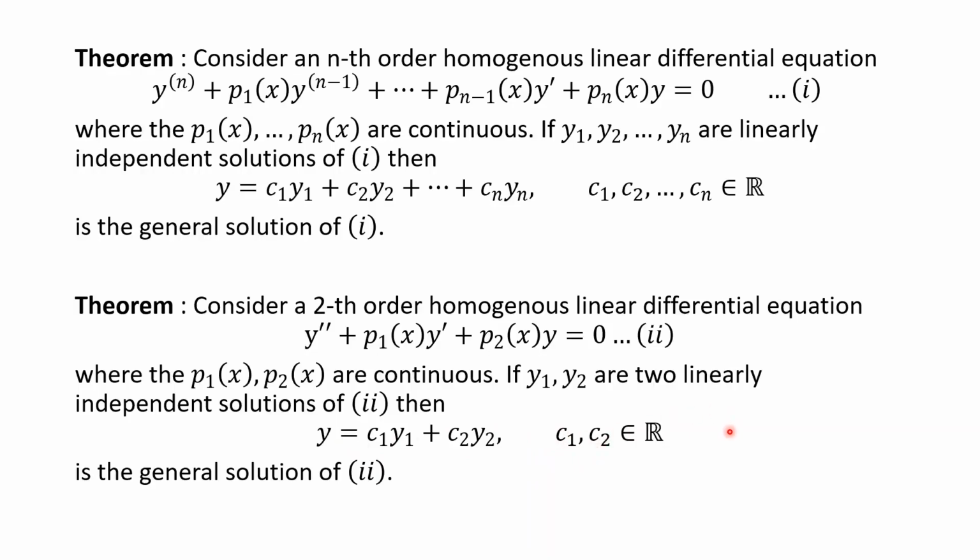So this is all that we've got to do. We've got to find two solutions that aren't simply multiples of each other. If we can do that, we can write down the general solution. And how are we going to find them? We're going to find them by also noticing, as I just mentioned, that these coefficients are constant. So this is a second order linear differential equation that is homogeneous with constant coefficients.